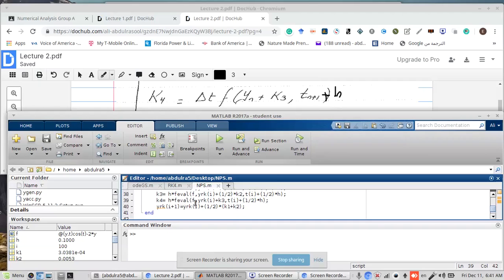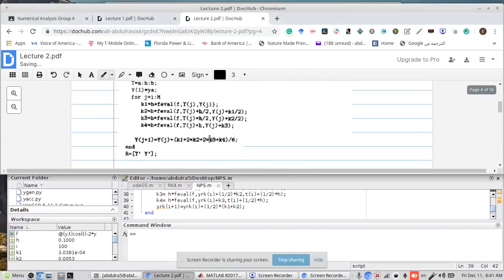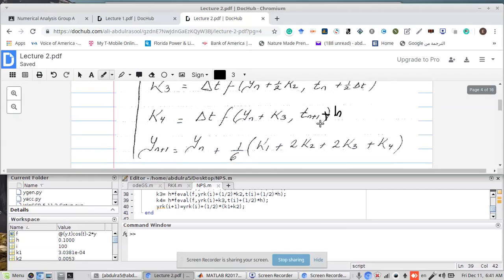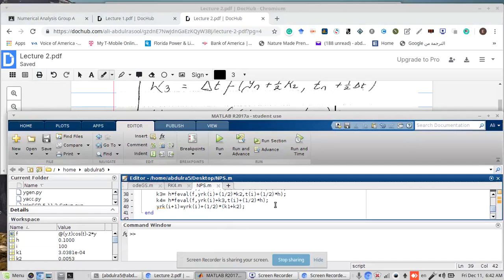So K4, K3 times without n plus 1. So without plus 1. Yeah, some error we have here.